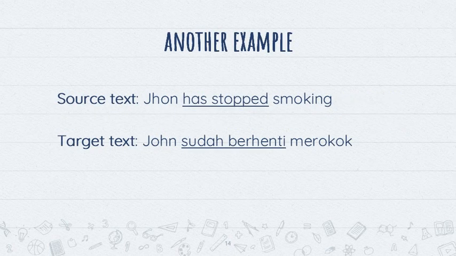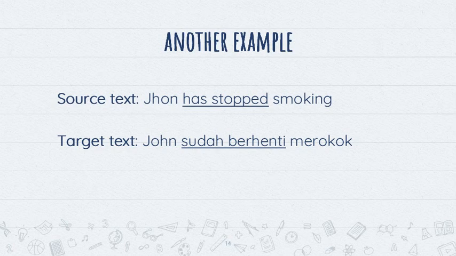So the source text is John has stopped smoking. As we can see, there is an underlined word has stopped. And the translated text is John sudah berhenti merokok. The translation shift experienced by the target text is the level shift from grammar to lexis.